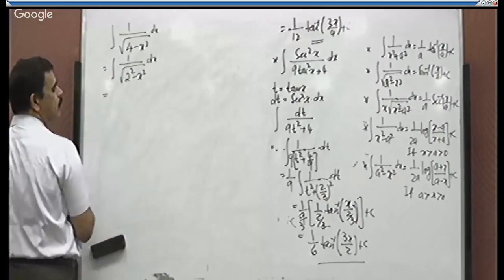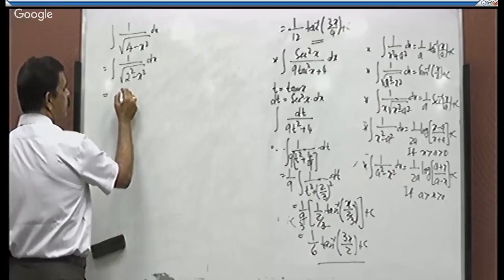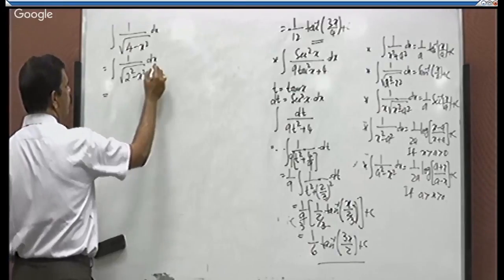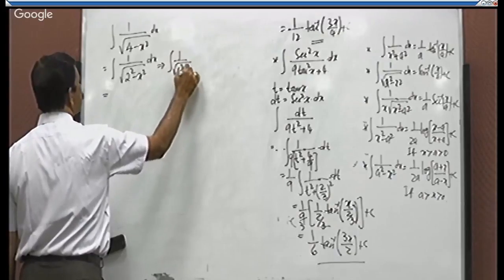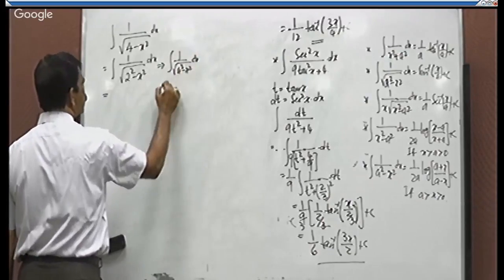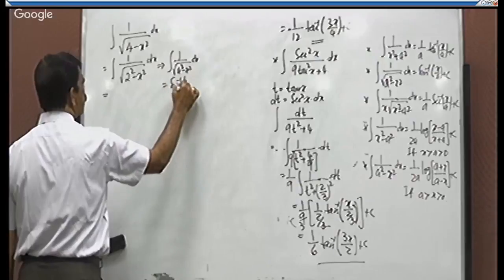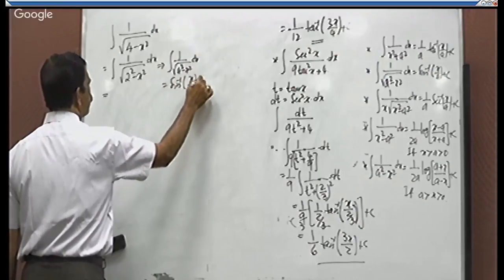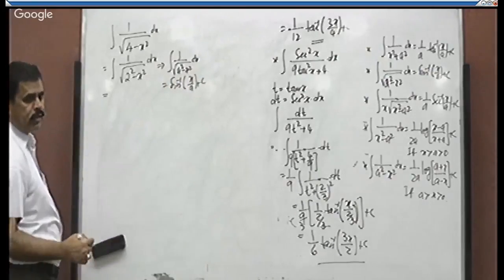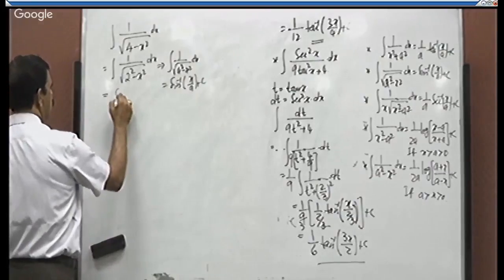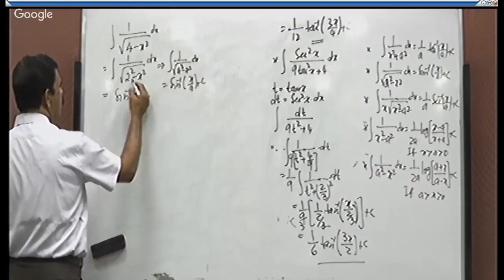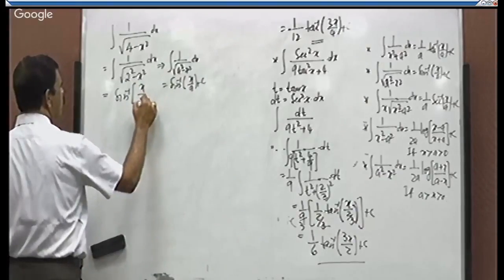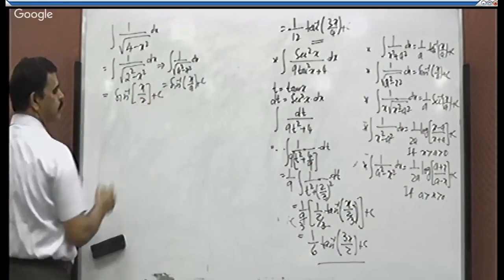This is of the form 1 by root of a square minus x square into dx. What is the answer for this? Sine inverse of x divided by a plus c. Then write according to that. It is sine inverse of x by a. What is a? A is 2. Sine inverse of x divided by 2 plus c.